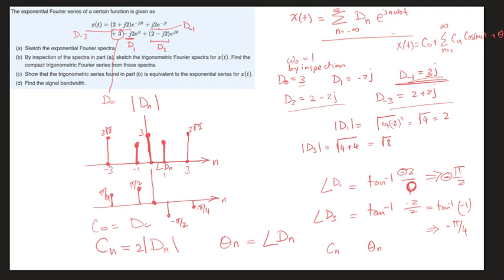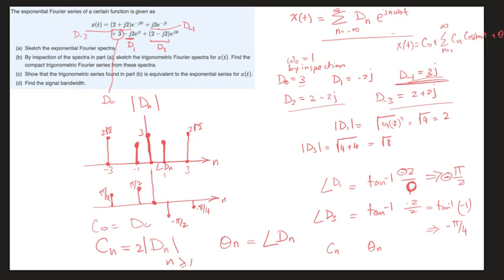This is only for n equals 1 up to infinity, so it applies only to the positive n's. We don't use the negative ones, because the Cn already combines the magnitudes of both the positive and the negative, and this is why we have the 2 here. So this relation is for n greater than or equal to 1.